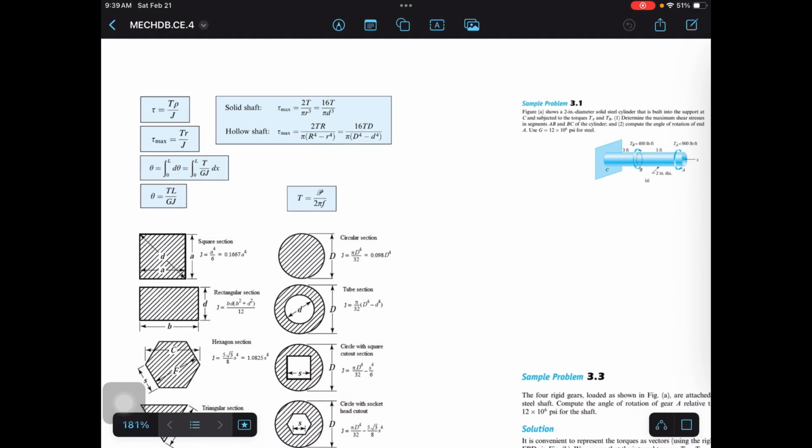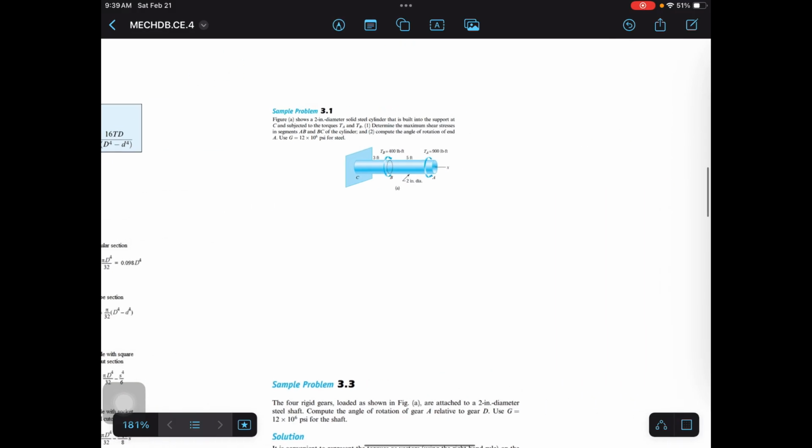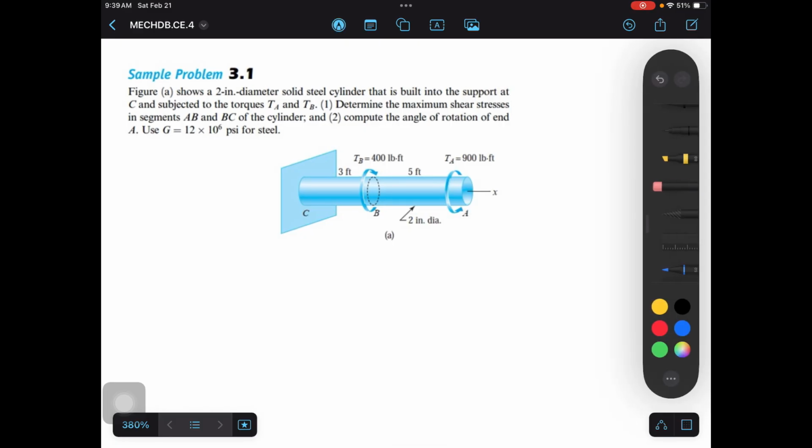So, let's answer problems. We have the, dito, mga formulas dito for the shearing stress, for angle of twist and power. And then we also have the formula for polar moment of inertia. So, let's answer number 1. So, number 1, 2 inches ang diameter ng ating shaft. It is a solid steel.